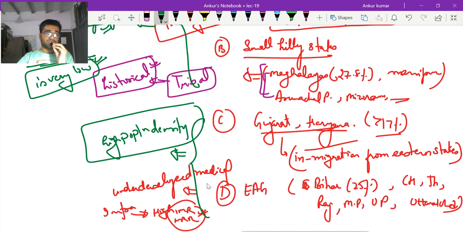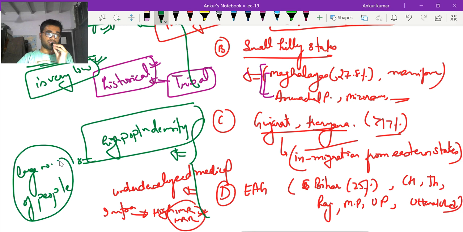So when C and D states had more than 17.4%, because of high population density, they added a large number of people to the population. So this is the main concern. Group C and D states, more particularly the D type states, are of more concern and should be focused on more by the government.